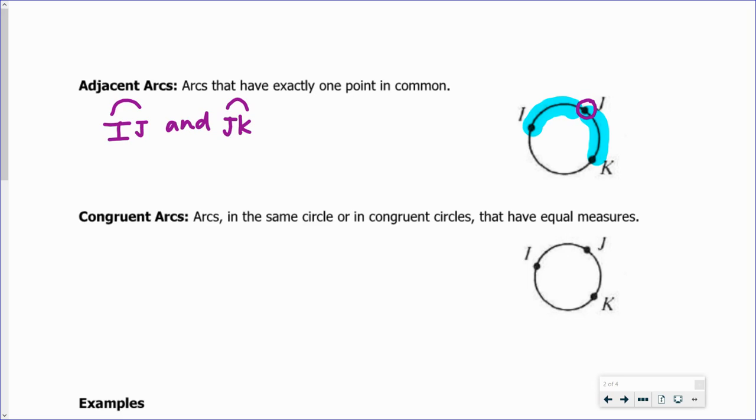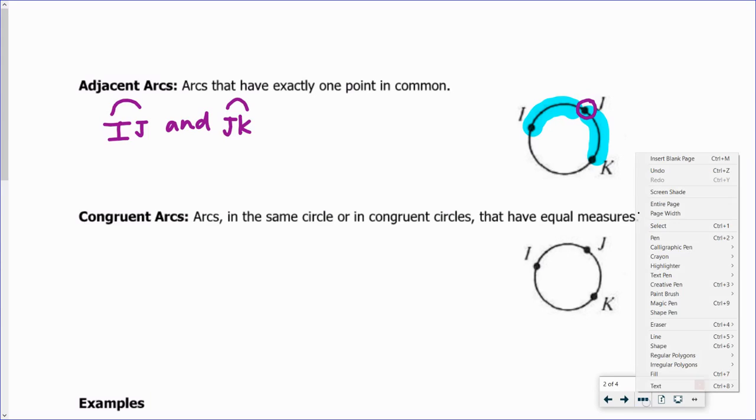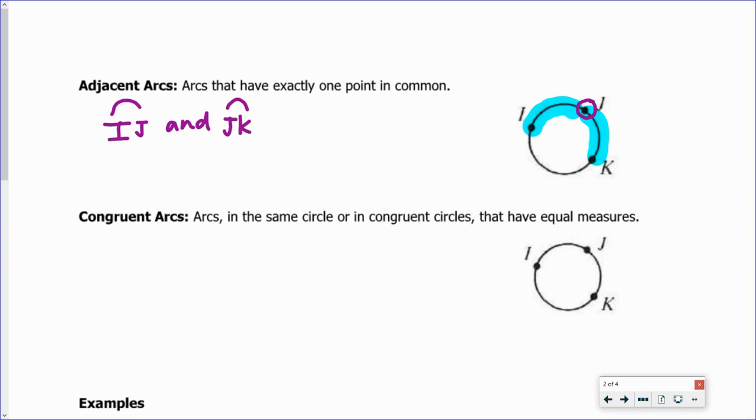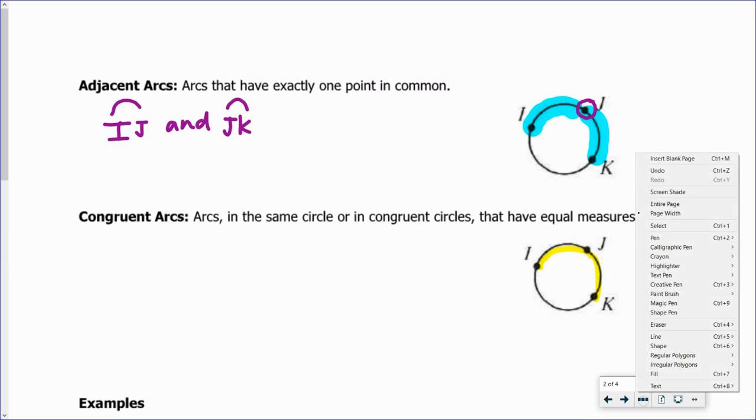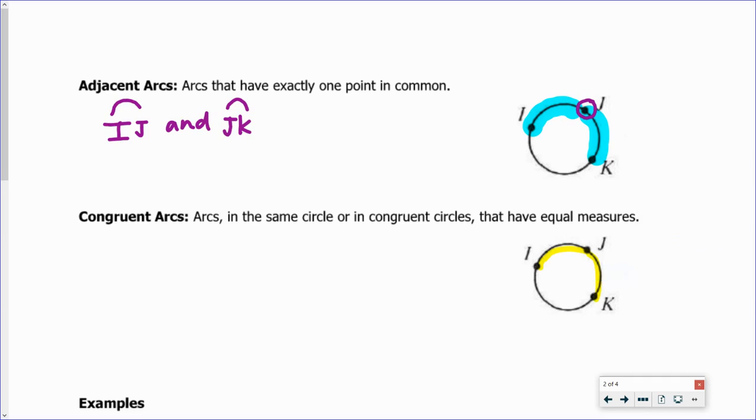Now, congruent arcs are arcs in the same circle or in congruent circles that have equal measurements. So in this diagram, the same 2 arcs, IJ and JK, would be congruent. We would mark the diagram in a similar fashion to the way that we've marked diagrams before.